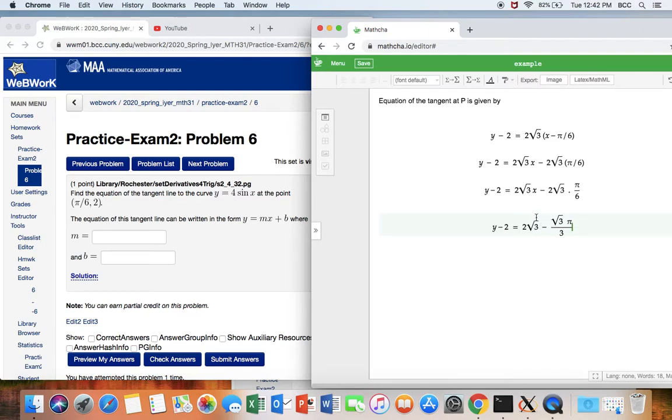Didn't I forget an x somewhere there? That x is missing. So far so good. I have some x, some number, but I need y by himself.